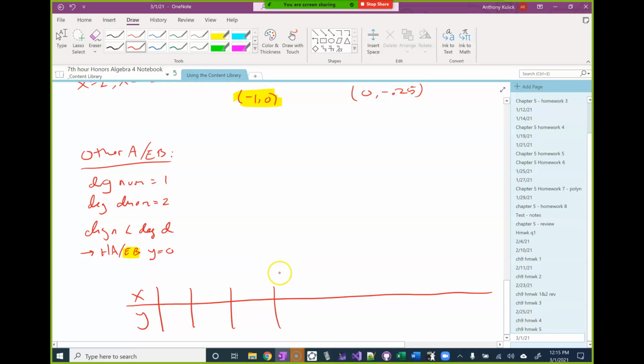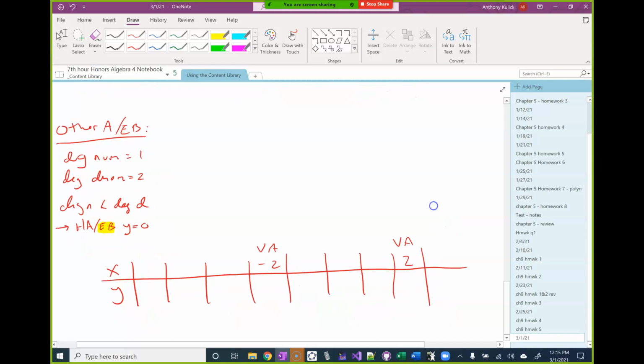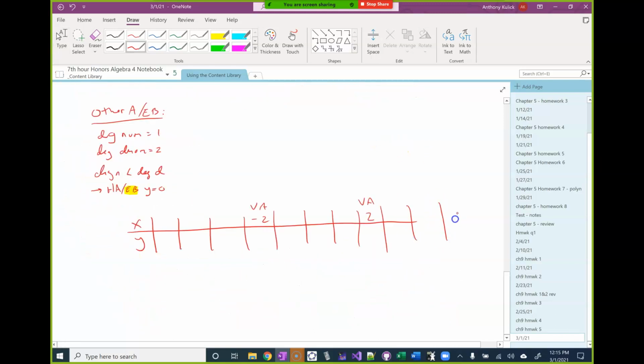So I'm going to need 3 points, and then my vertical asymptote, 3 points, and my other vertical asymptote, and then 3 more points. Everybody's okay there?